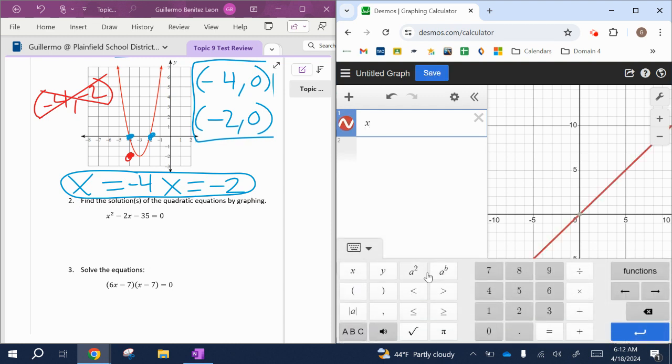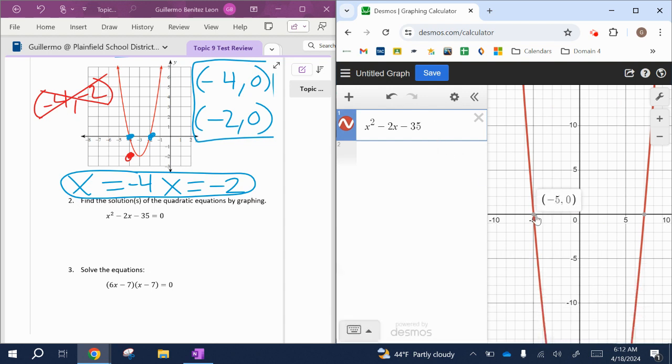X squared minus 2x minus 35. You could put it with the 0 or without the 0. The x-intercept should be the same regardless. So I have an x-intercept at -5 and an x-intercept at 7. So those are my two answers.